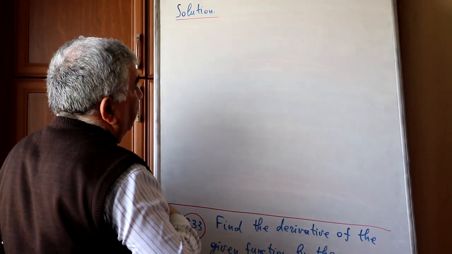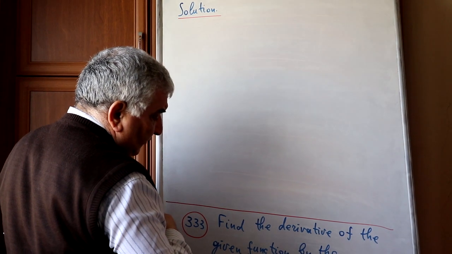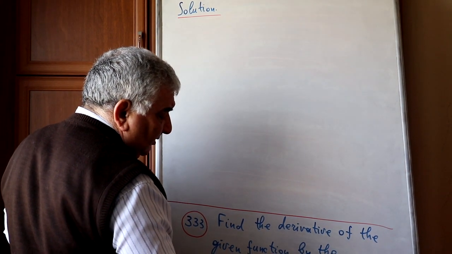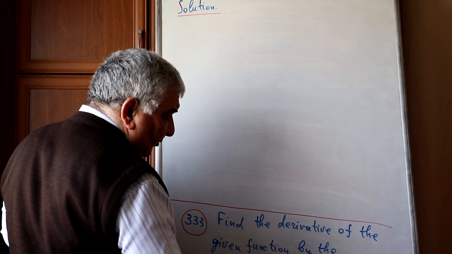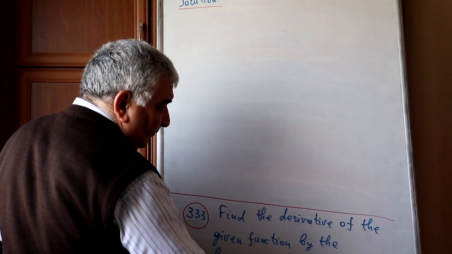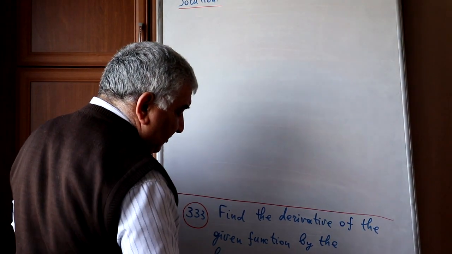Open the first point. In the first point, we must find the natural logarithm of both parts of the given expression, of the given function.